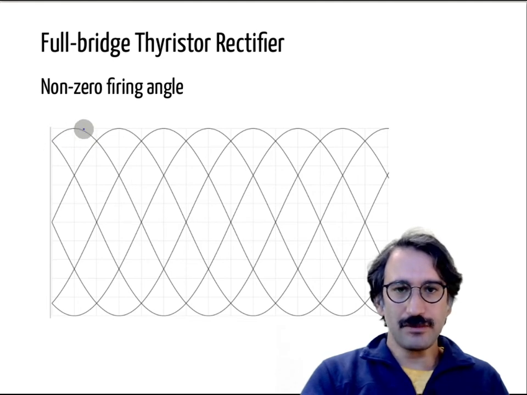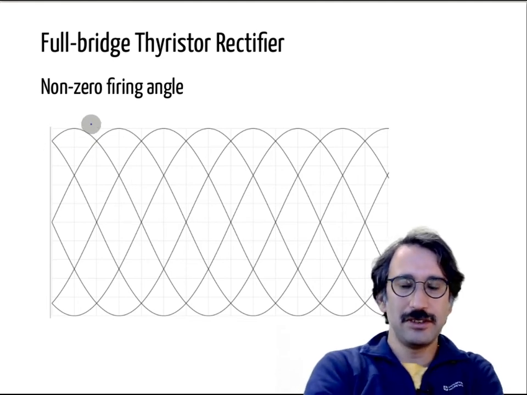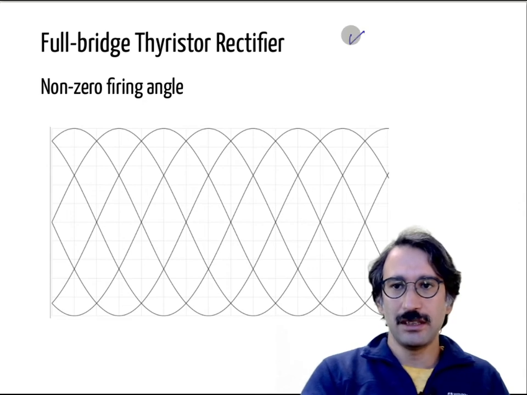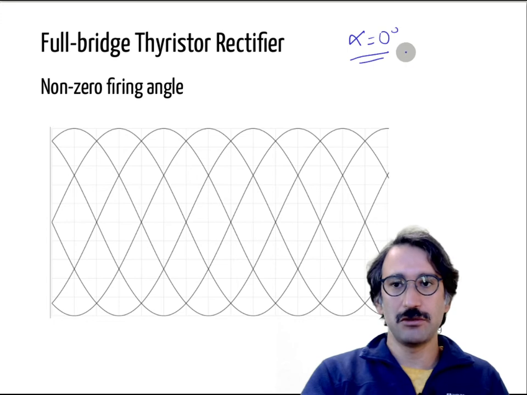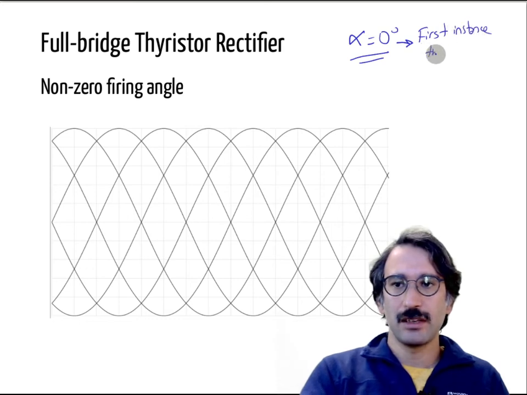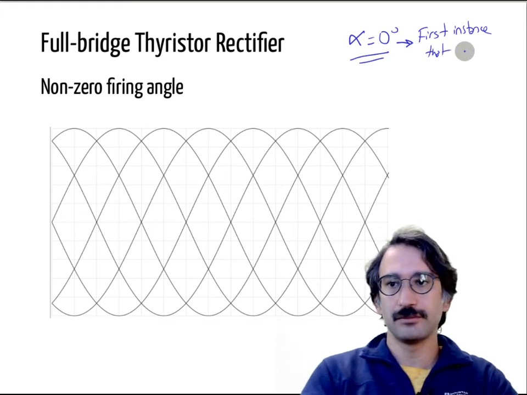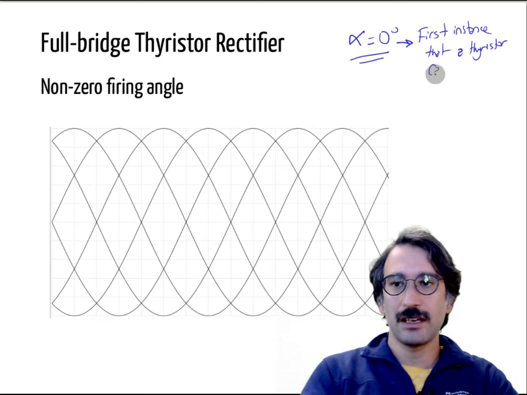The first thing: the definition of alpha equal to 0 is not measured from the sinusoid zero voltage. This is the first instance that a thyristor can be fired.